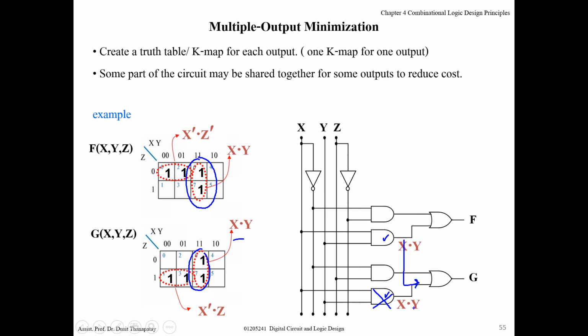Because at this point, the signal value is X and Y, you can connect this input of the AND gate directly to this point. Then you can save one logic gate. Understand? Anyway, basically you separate, to think, to find the equation for each output. That's all.